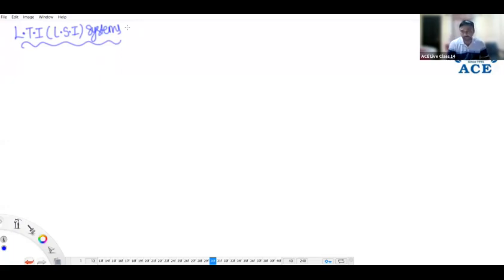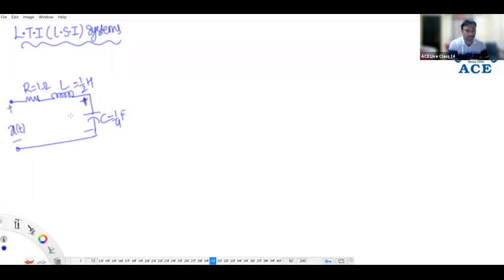LTI system. We studied a total of 6 forms of systems. What is the reason only linearity and time invariance are given special significance? Most electrical networks, suppose we have chosen an RLC circuit with some fixed elements, form a second order differential equation with all components fixed.